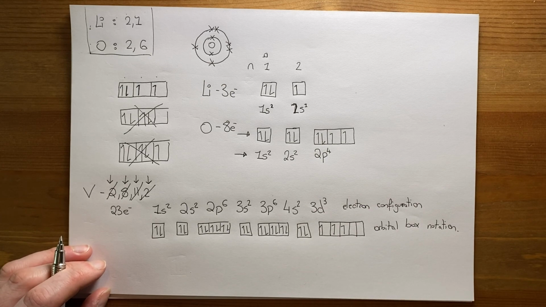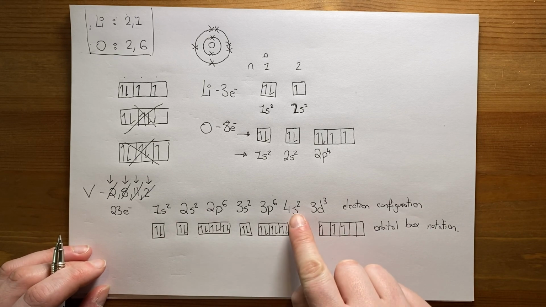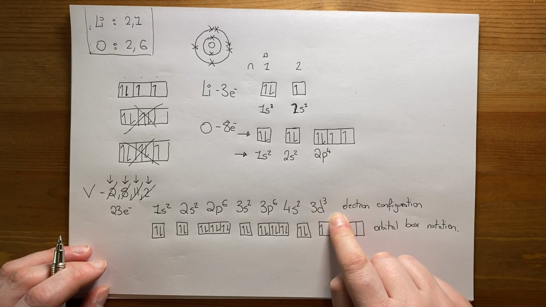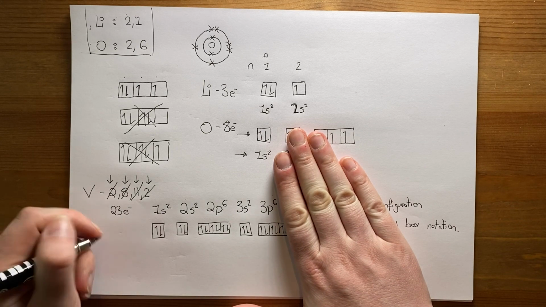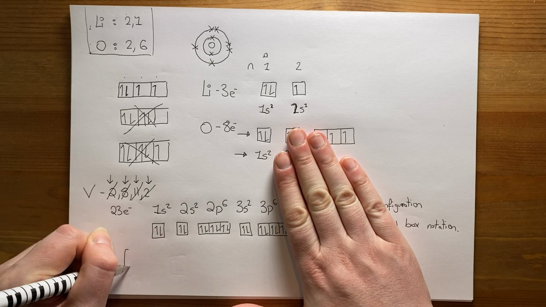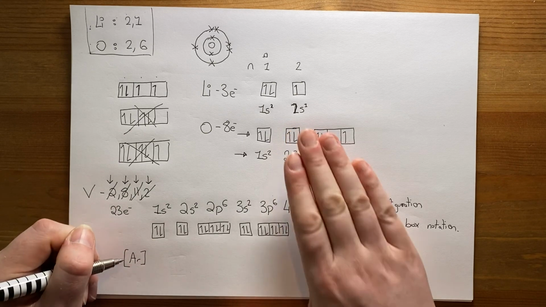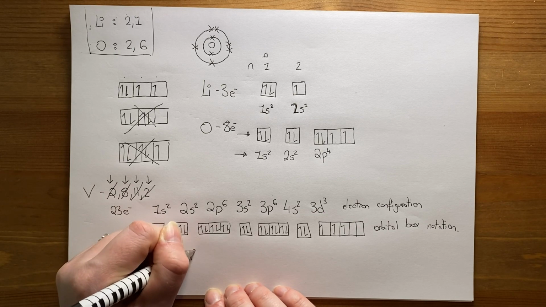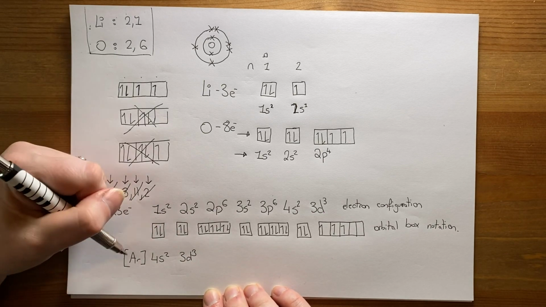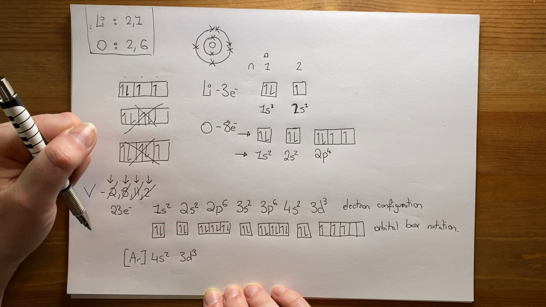But for vanadium, if you think, by the time we get to the 4s2 and a 3d3, that is the electronic configuration of argon. So I could write argon 4s2 3d3, and that would tell me that I've got the same electronic configuration as argon plus this.